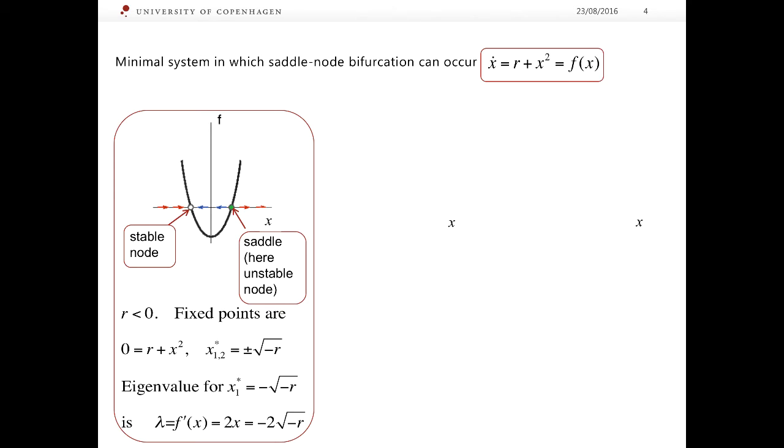Its eigenvalue lambda is equal to the derivative of f, which is 2x, and if instead of x we substitute minus square root of minus r, we obtain minus 2 square root of minus r, which is a negative number. So a negative eigenvalue means that the fixed point to the left is stable.